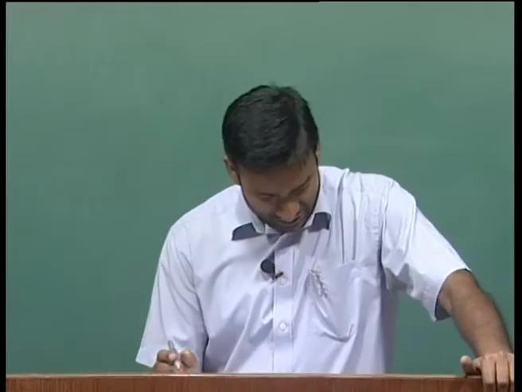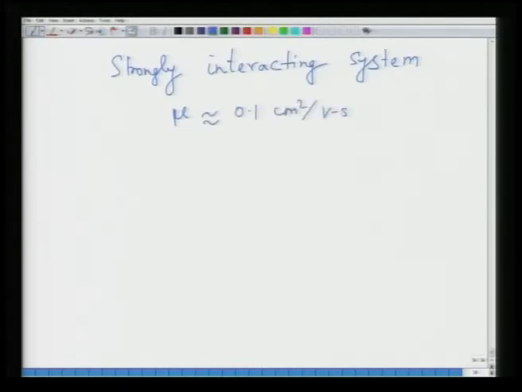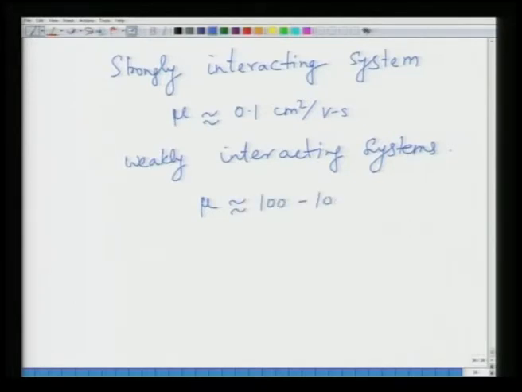So, the typical values for conductivity mobilities in strongly interacting systems, systems where the polarons are of smaller size, mu's are of the order of 0.1 centimeter square per volt second, and in case of weakly interacting systems, where polaron interaction is weaker, the mu's can be of the order of 100 to 1000 centimeter square per volt second.